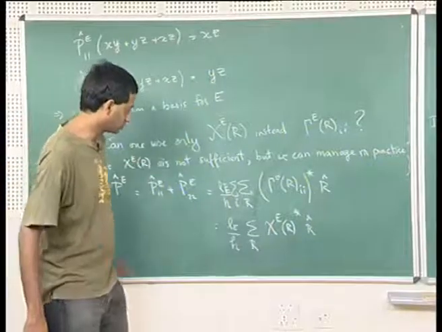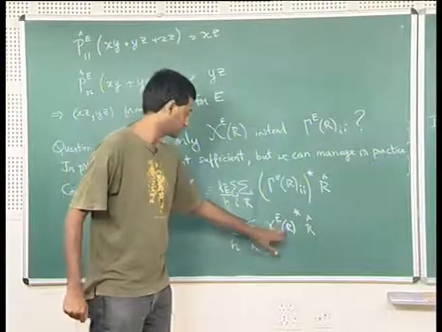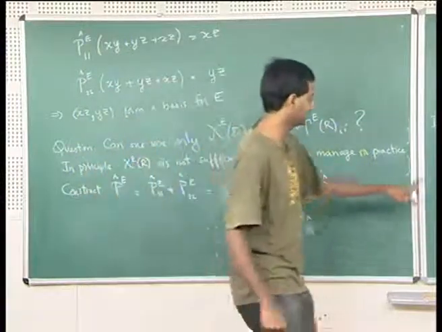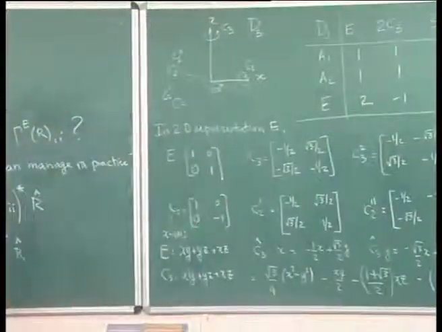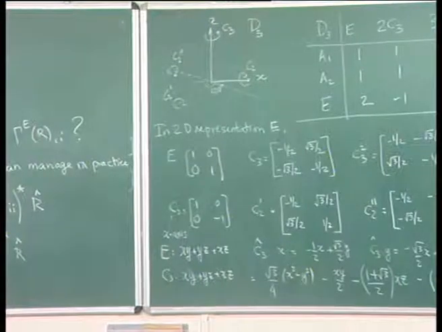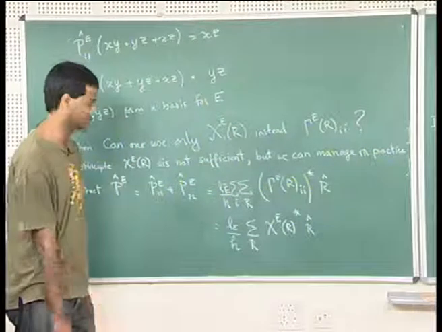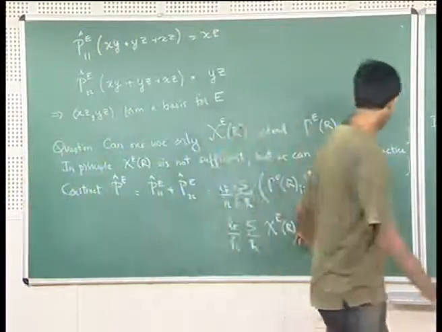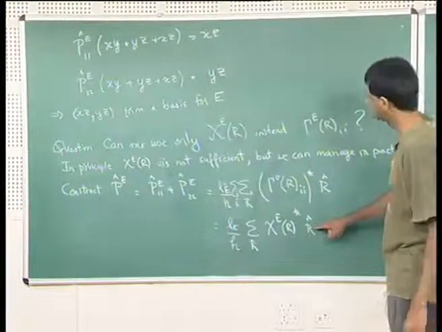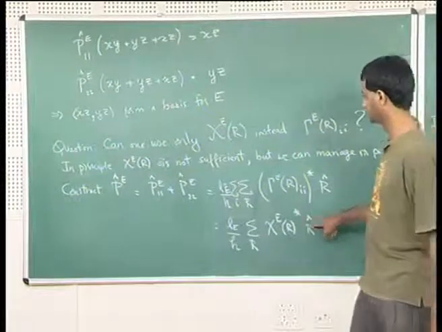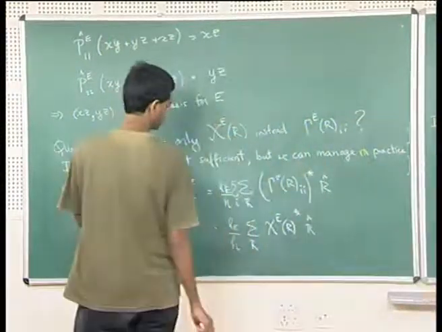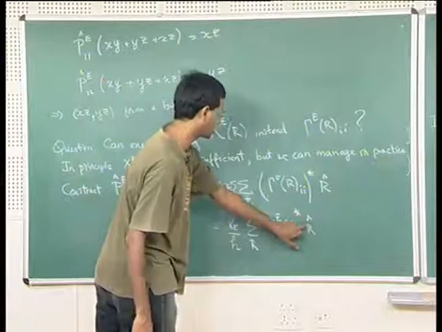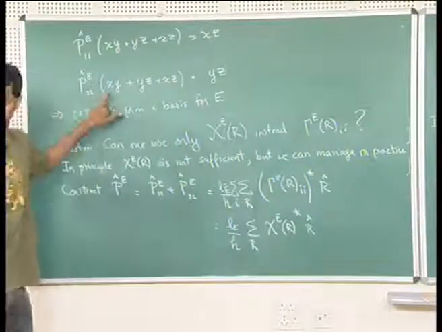So now you only need the trace; you do not need the individual matrix elements. Unfortunately, you still need to know how these operations act on the arbitrary function.